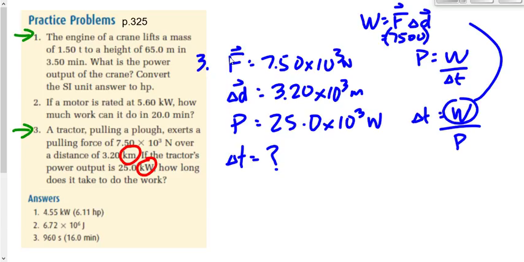My displacement is 3,200. And my work is 7,500 times 3,200 gives me, holy cow, big number, 2.4 times 10 to the 7.